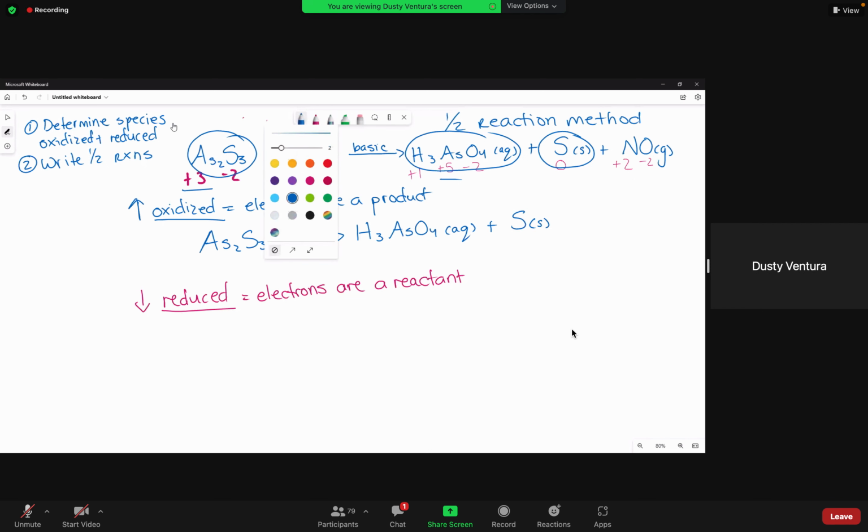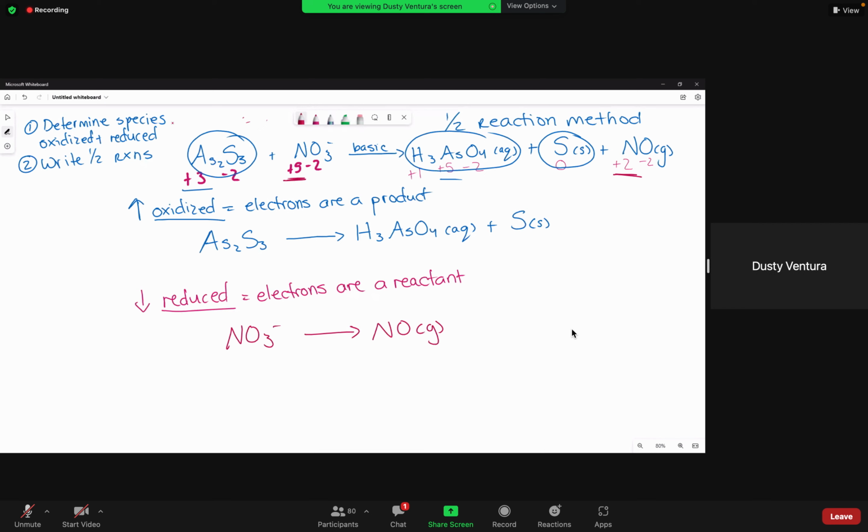Oxidation sounds like up, like happy, like I want to be oxidized. It's like a positive notation. Nitrogen has gone from +5 to +2. He's gone down. All atoms are male, by the way. Never met a female atom in my life.